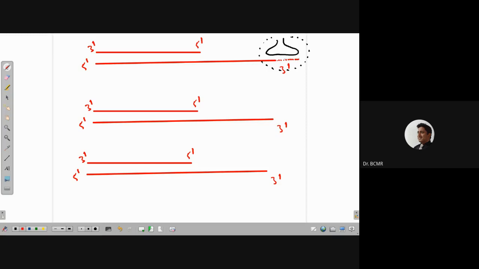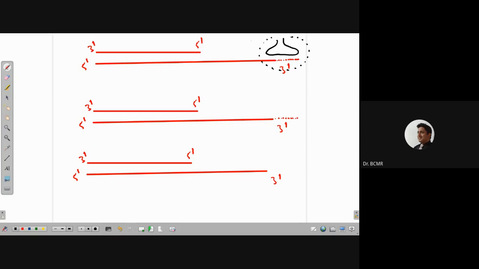What does telomerase do again? It will move one step here. And that means what is going to happen? Okay, I'll just keep drawing. Assume that this is the region that is being synthesized. The next step would be translocation.